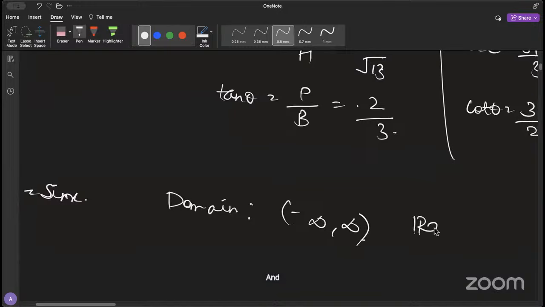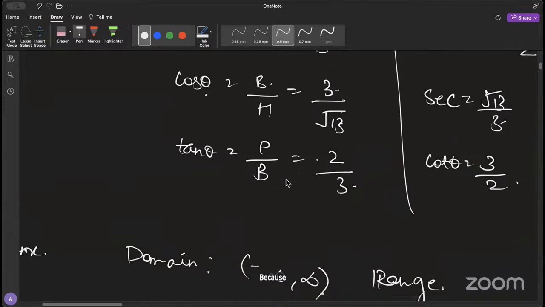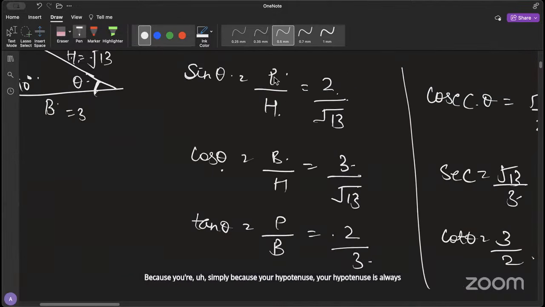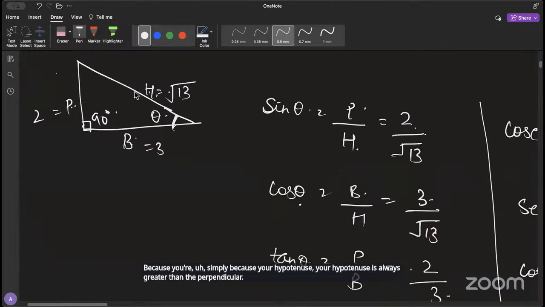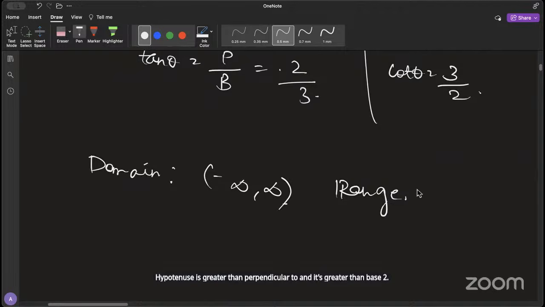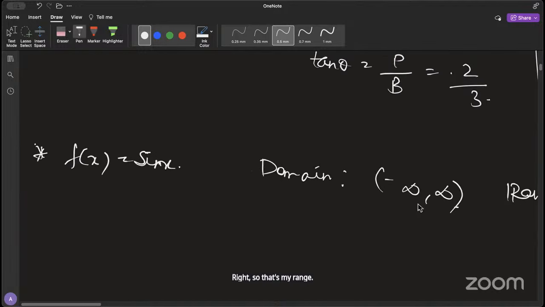And what's my range? The range of sine theta is, simply because your hypotenuse is always greater than the perpendicular. Your hypotenuse is greater than both of these, right? Hypotenuse is greater than perpendicular, and it's greater than base too. So that's why your range is -1 to 1, with -1 and 1 included. So that's my range for the sine function.